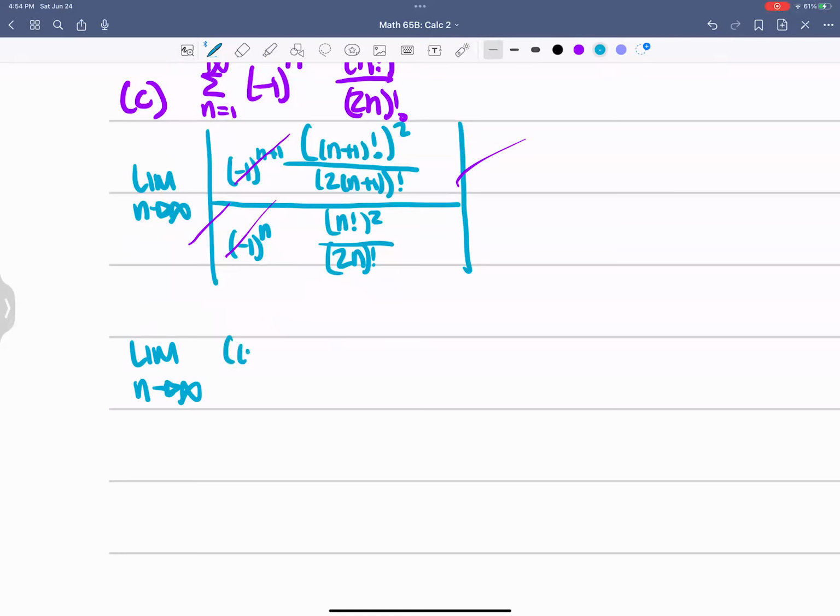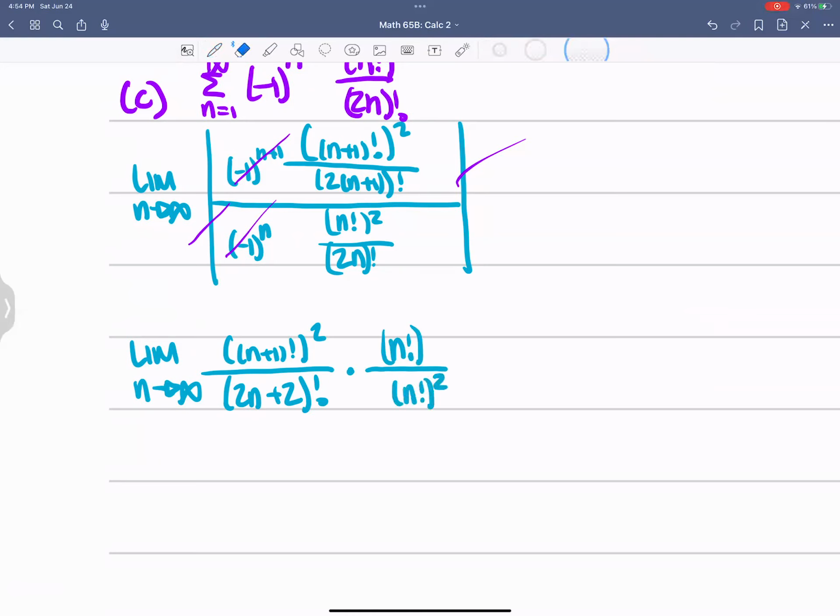So here we have n plus 1 factorial squared over 2n plus 2 factorial, times n factorial squared. Oh, no, it should be in the bottom. n factorial squared over 2n factorial.